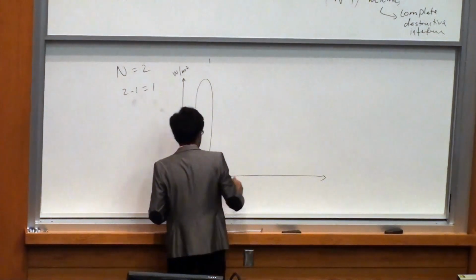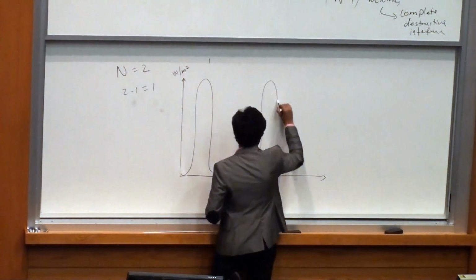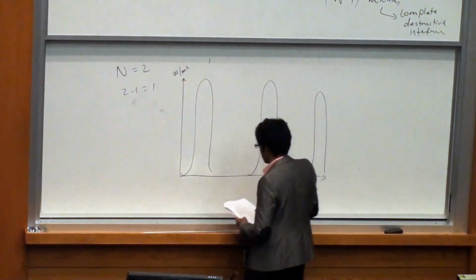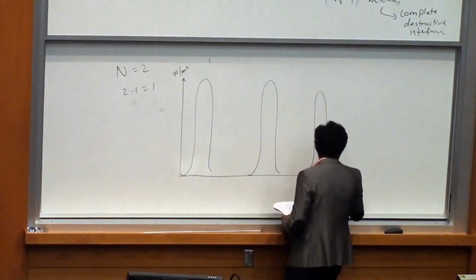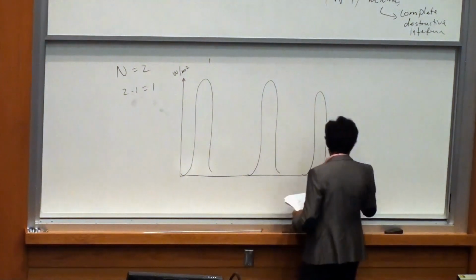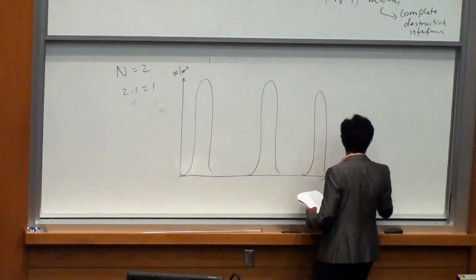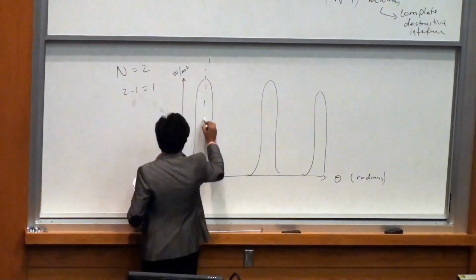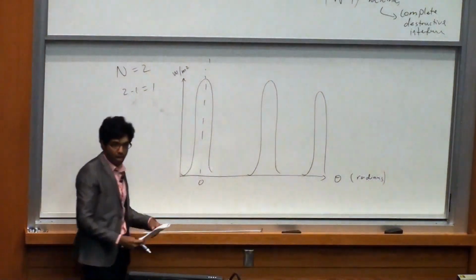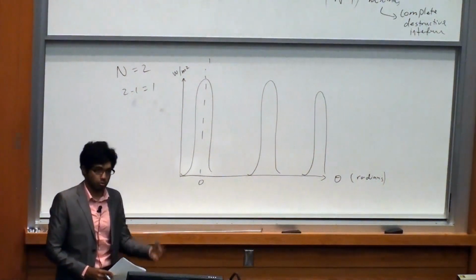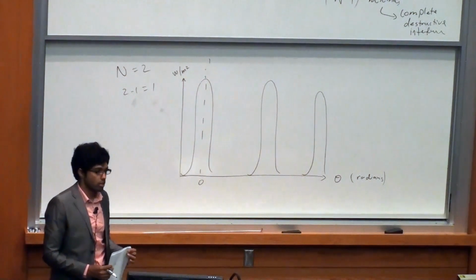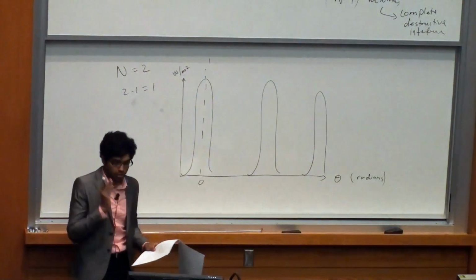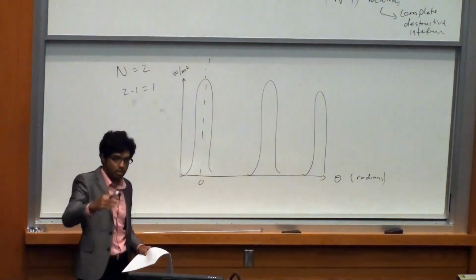I'll have some maximas over there, and this is a function of theta, the angle, and again, we're working in radians. Let's say my theta is 0. At 0, I have a maxima, that's not really negotiable. Everyone knows that. So at angle theta equals 0, I have a maxima. If I have some light source straight ahead along that plane, I'll have a maximum.